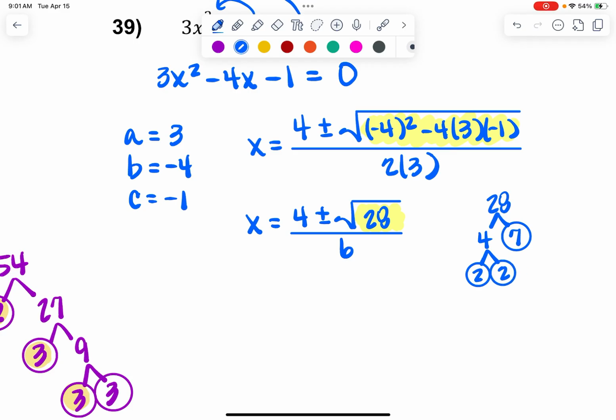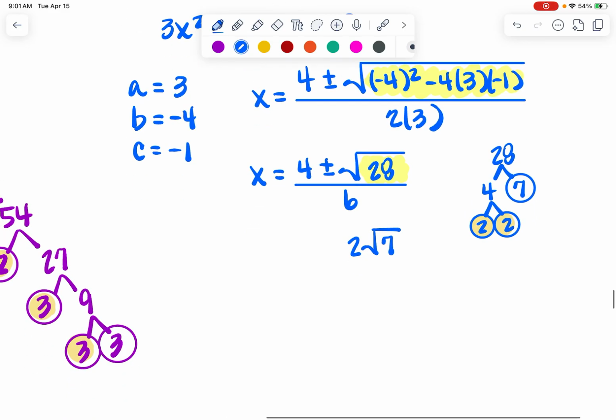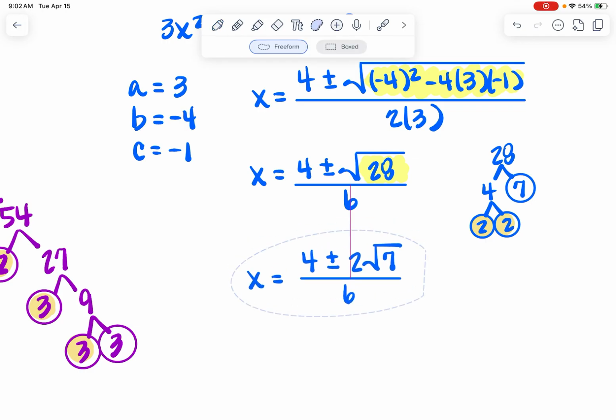Okay, so there's our factor tree, and we definitely have a pair of 2's. So that means I'm going to rewrite the square root of 28 as 2 root 7, because the 7 has to stay inside since he didn't buddy up. And then I'm going to bring everything else down. Okay, I'm going to scooch that down just a little bit.